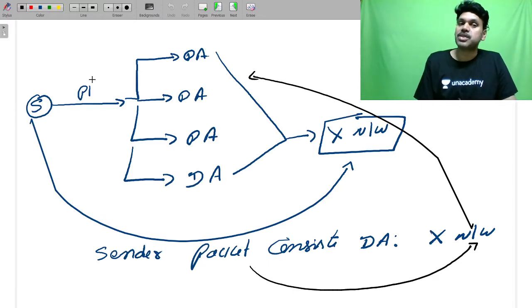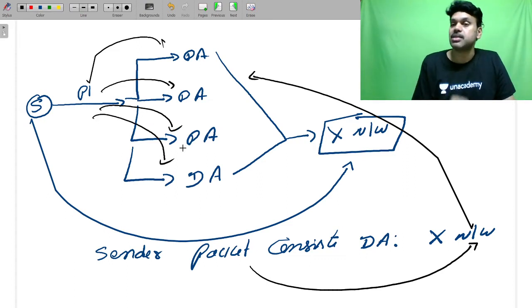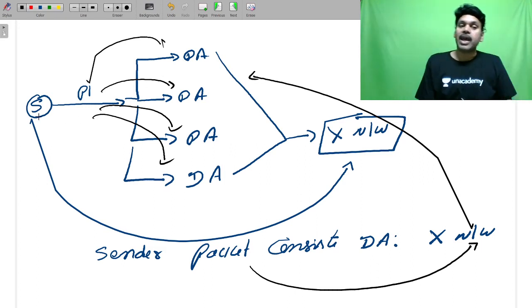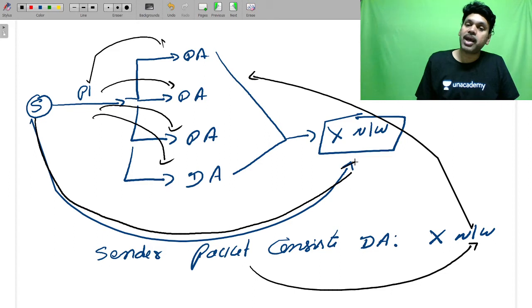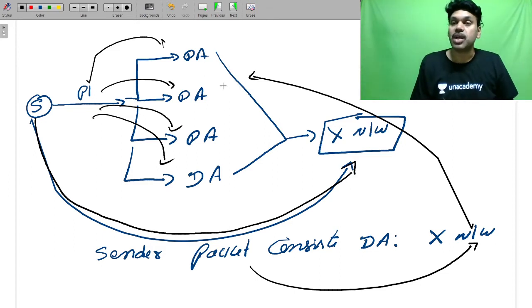What is host specific? Destination address is this, destination address is this, destination address is this, destination address is this. This is the meaning of host specific forwarding. And simply they belong to one network. I am saying that I hand over to the other network, and that network is going to hand over to the nodes that are connected to that particular network.